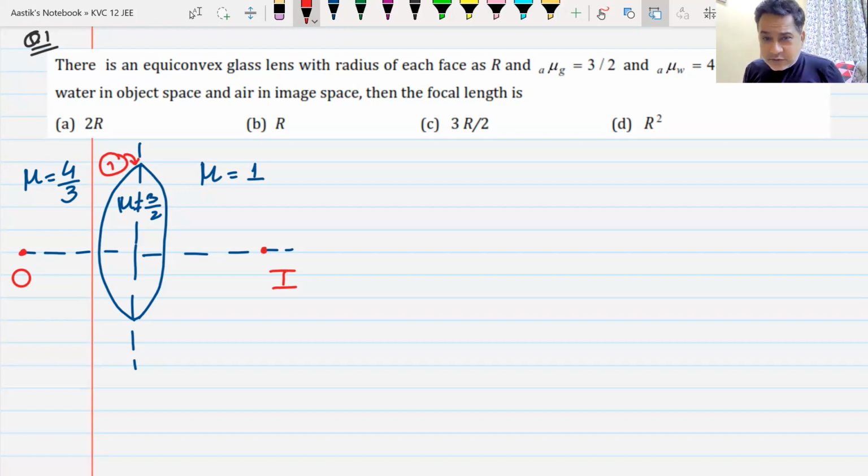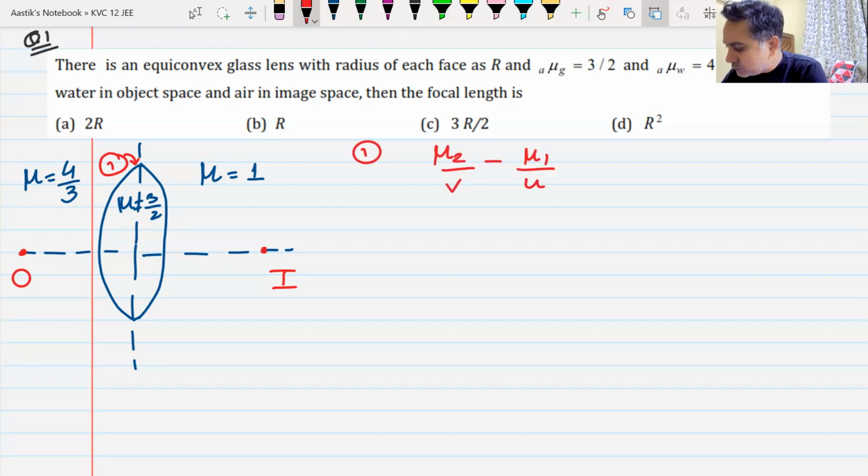Now, which formula am I going to apply? This is not a lens now, this is just a curved surface. So I'll apply the original formula, mu2 by v minus mu1 by u is equal to mu2 minus mu1 by r. Let me now put the values.